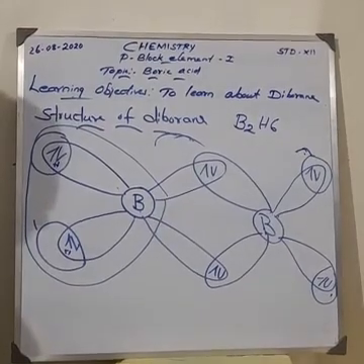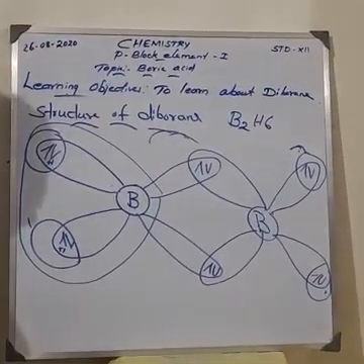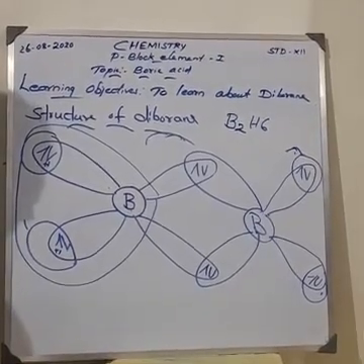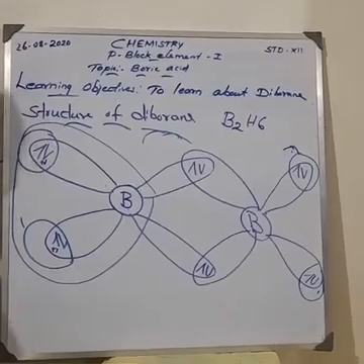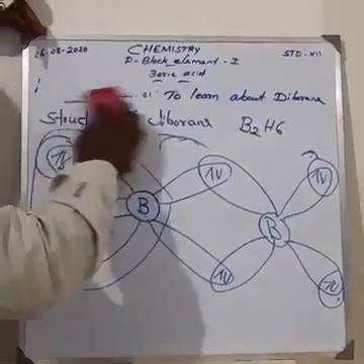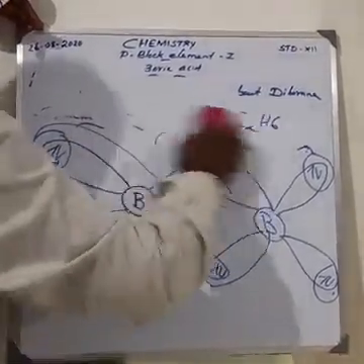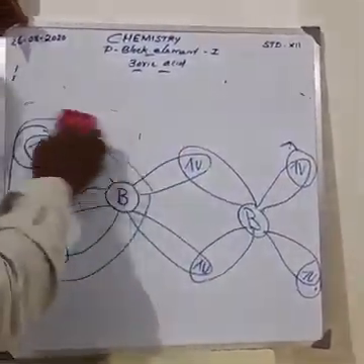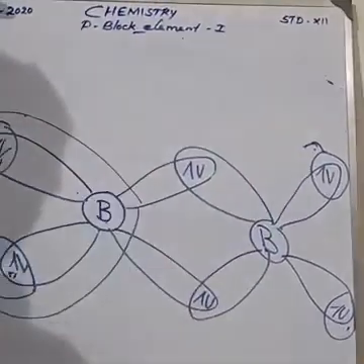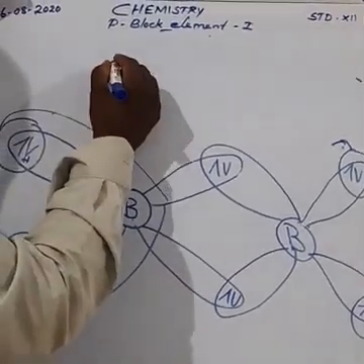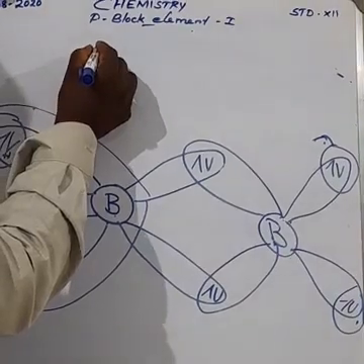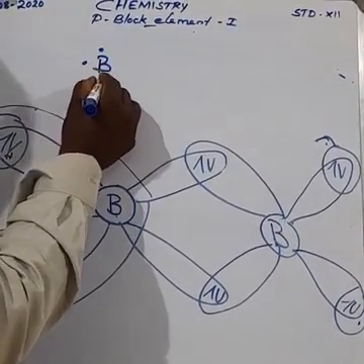However, diborane has only 12 valence electrons. These 12 valence electrons are not sufficient to form normal covalent bonds. Boron has 3 electrons in the outermost shell: 1, 2, 3.